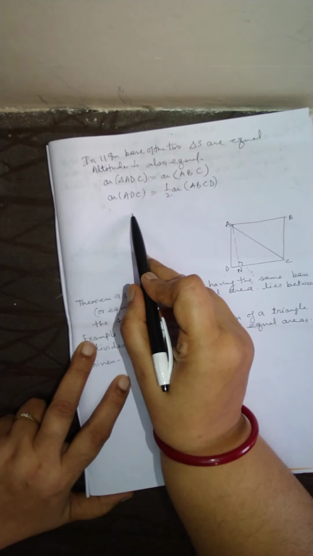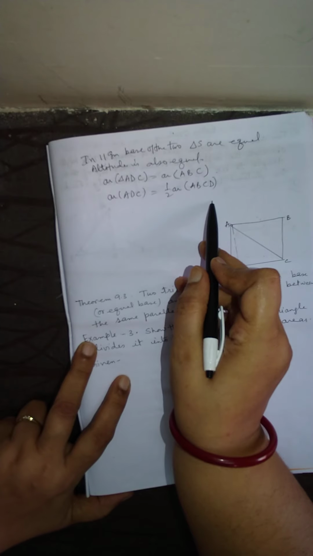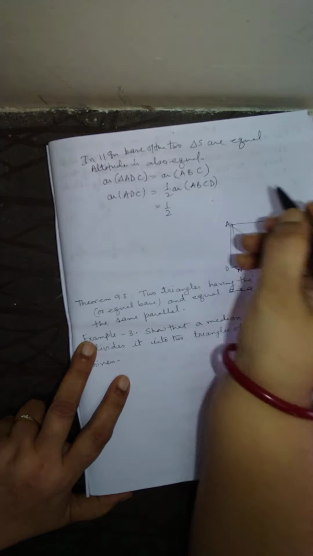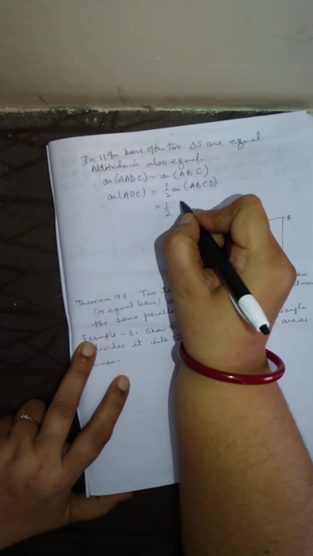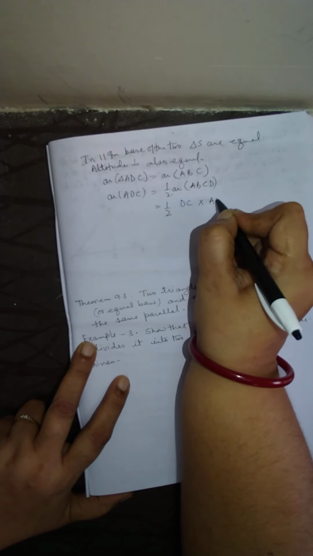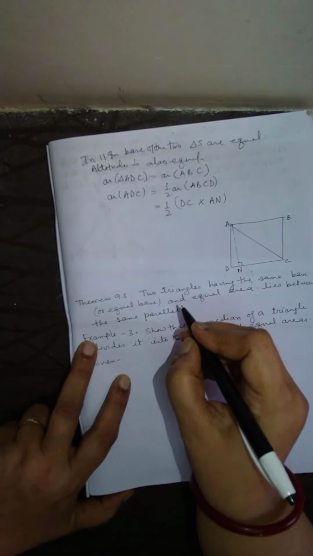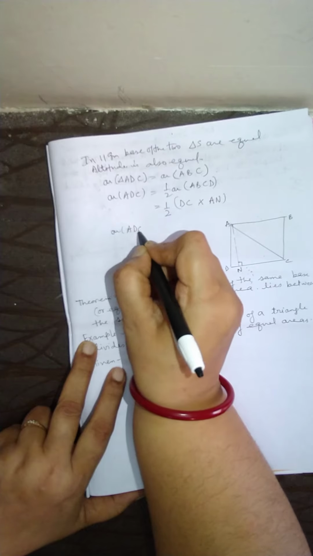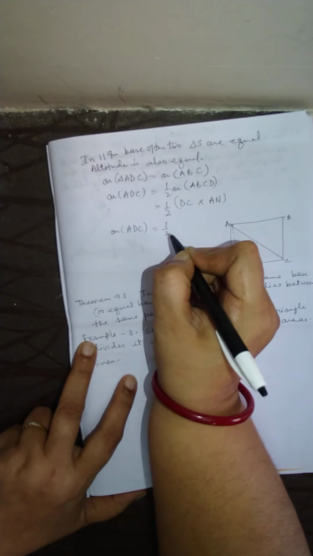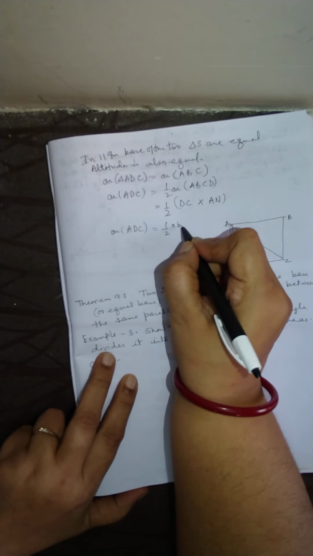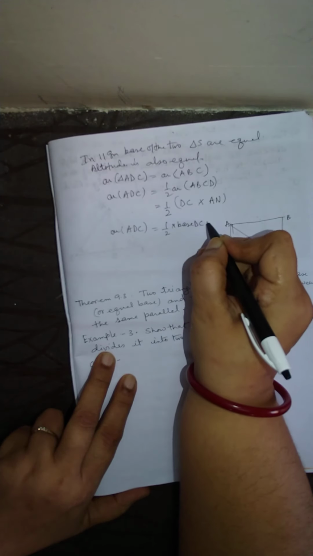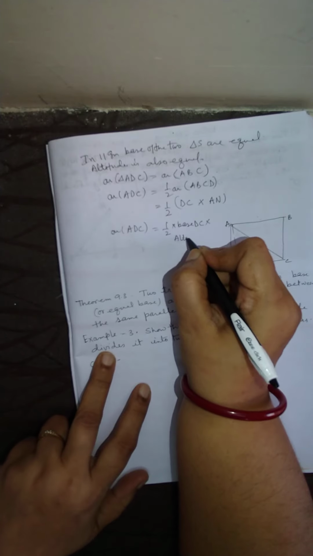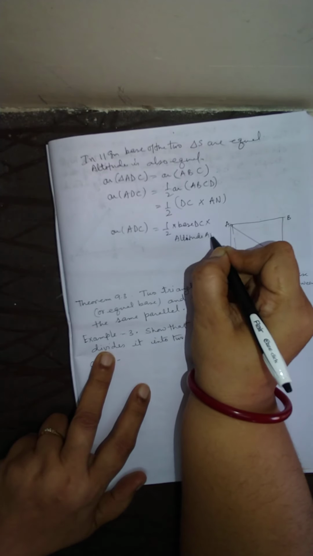So area of one triangle will be half the area of the parallelogram, and this equals half into DC into AN, that is the altitude. So area of ADC equals half into base DC into altitude AN.